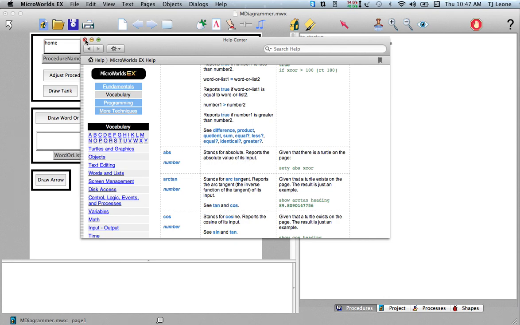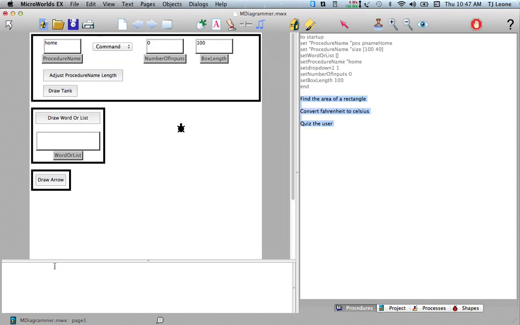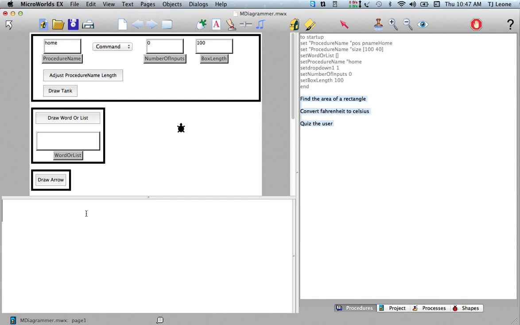So if you type in show the absolute value of 3, it's 3. Or if I say show the absolute value of negative 3, that's also 3. Okay, so that's how you find these.